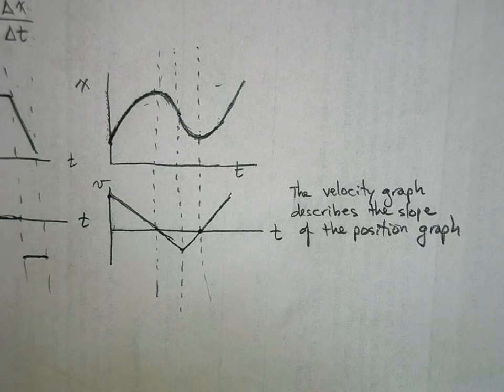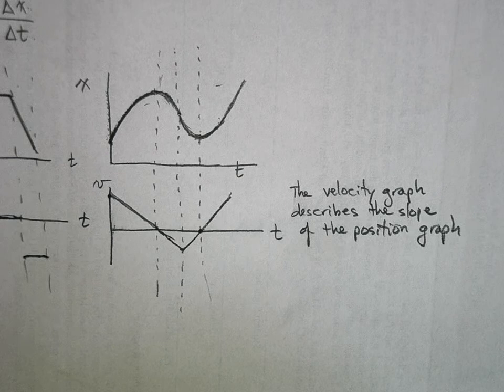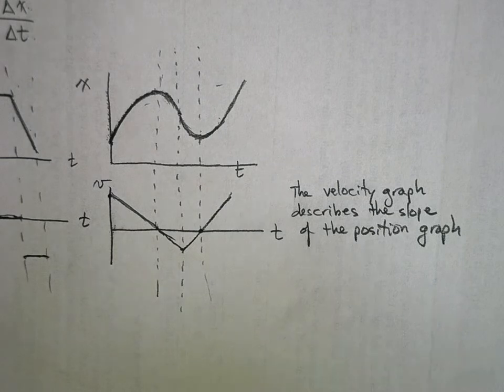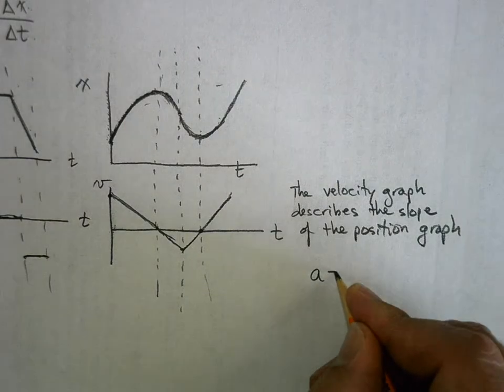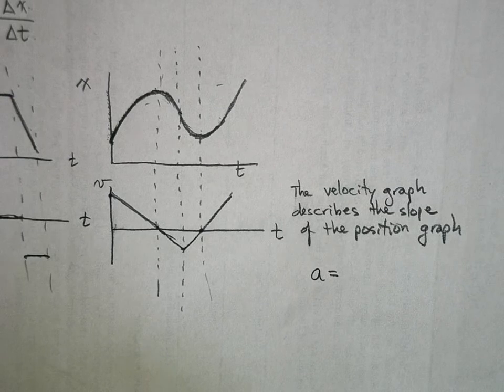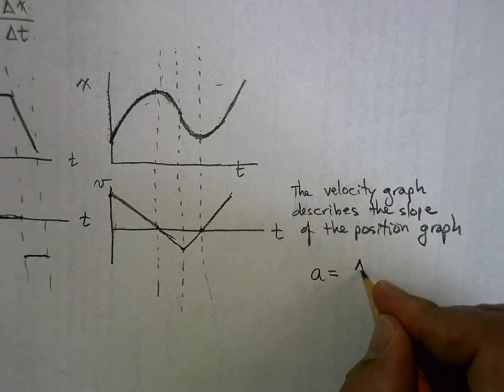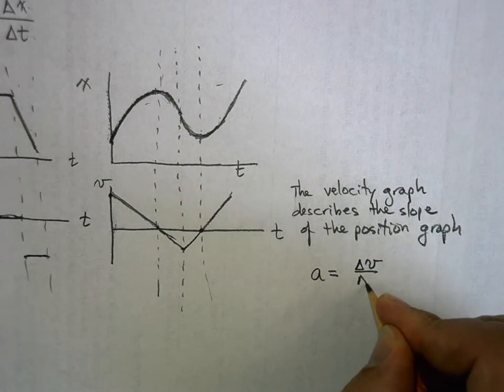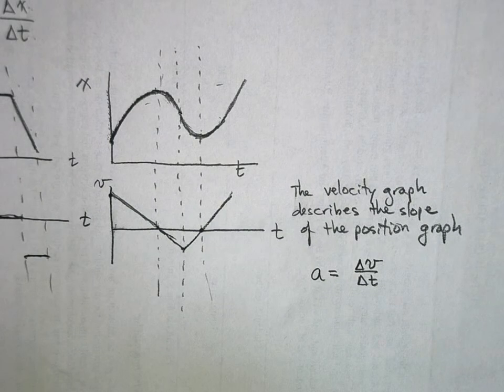Now, we have a definition that we defined in assignment 1 for acceleration. And remember we said that acceleration is equal to, or at least average acceleration is equal to, the change in velocity over the change in time. Okay?